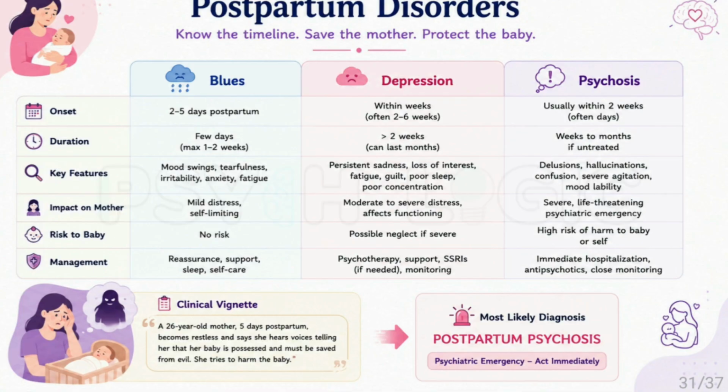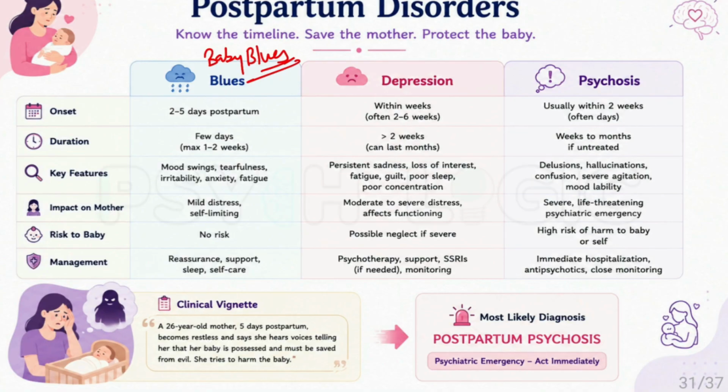So there are three conditions: postpartum blues, postpartum depression, and postpartum psychosis. It starts with the questions: when does it start, how severe is it, and when does it urgently need treatment. Postpartum blues, also known as baby blues, usually begins 2 to 5 days after the delivery. A lot of times you see a new mother become suddenly tearful.